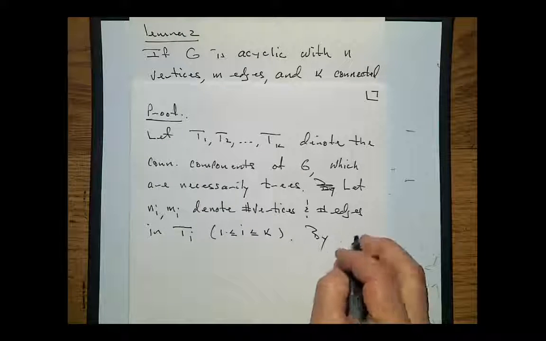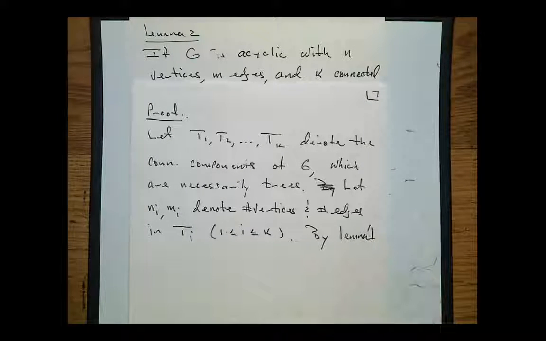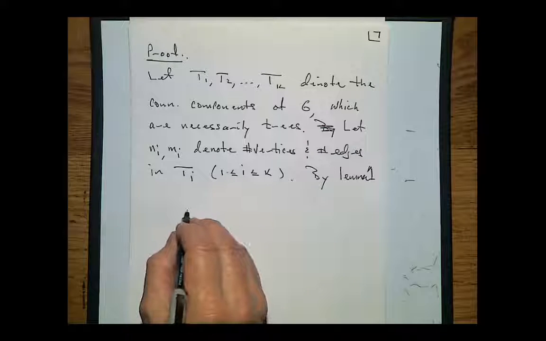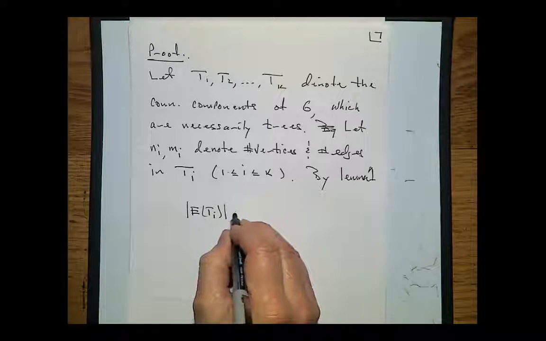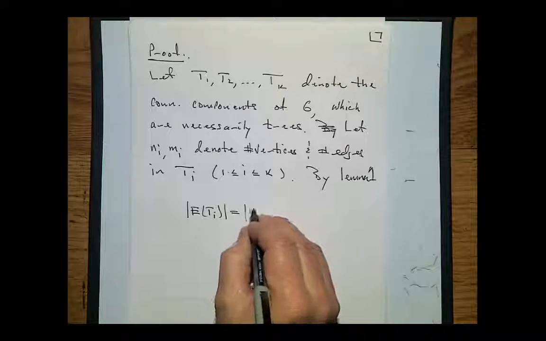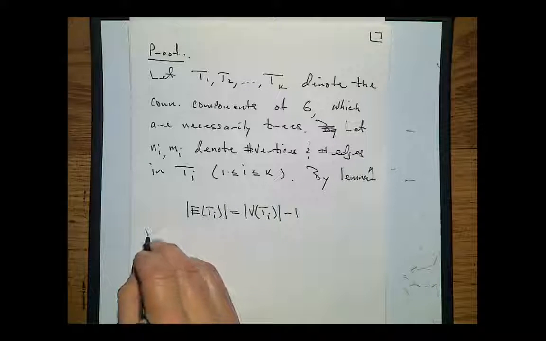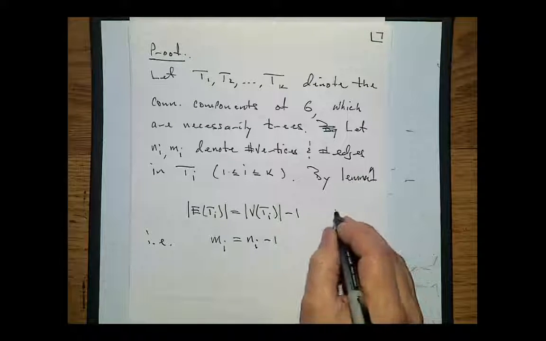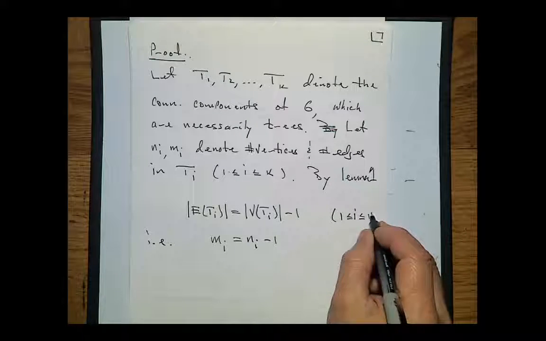By the previous example, or by lemma 1, the previous result, that's a 1, believe it or not. By lemma 1, we have that number of edges in Ti equals number of vertices in Ti minus 1, i.e. Mi equals Ni minus 1. This is for I going from 1 to k.